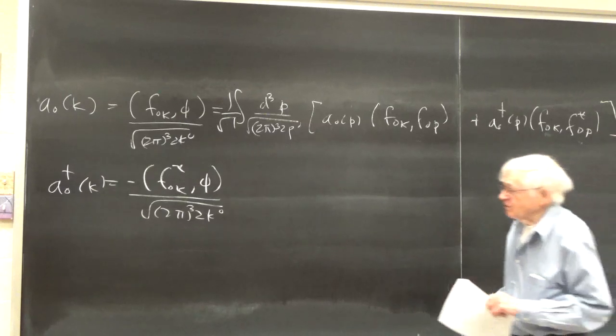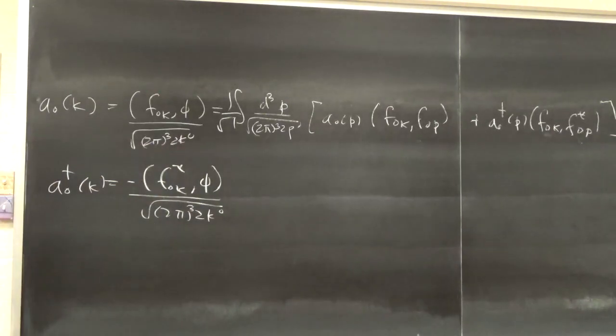But we can also expand the field in terms of its mode functions, and we can either use, assuming the quantum numbers are the momentum ones, or we can just say it's a sum over n, a sub n, fn of x, plus an dagger, fn complex conjugate of x. So that's another way.